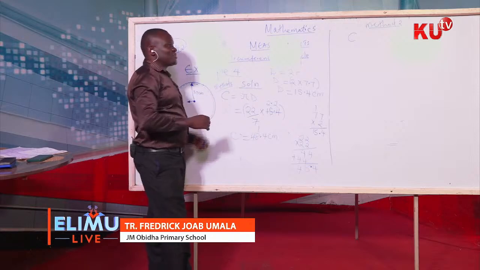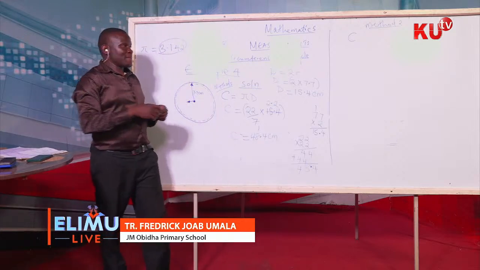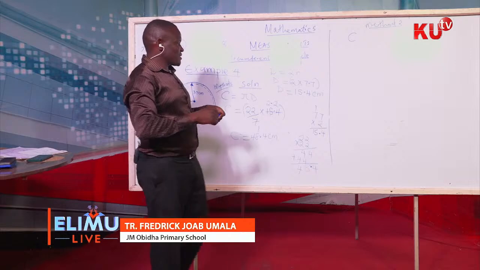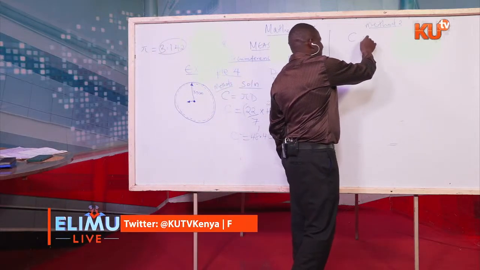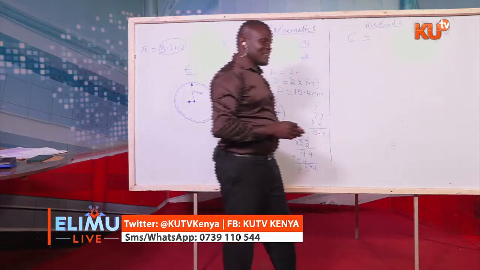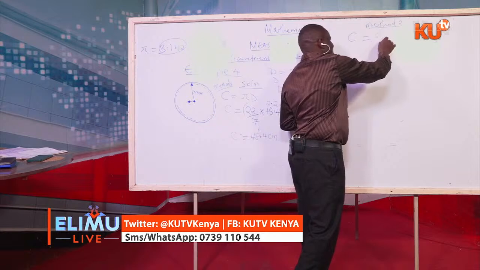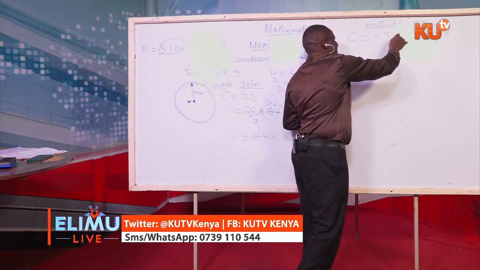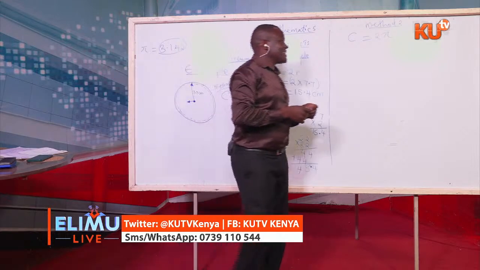So in our method 2, we are now going to use the radius, and therefore we are going to say that circumference will be equal to 2 pi r.